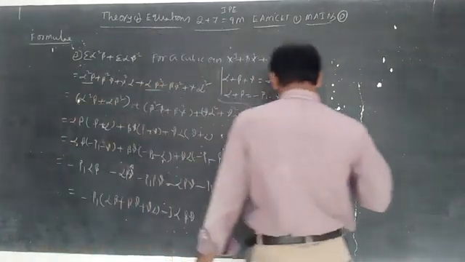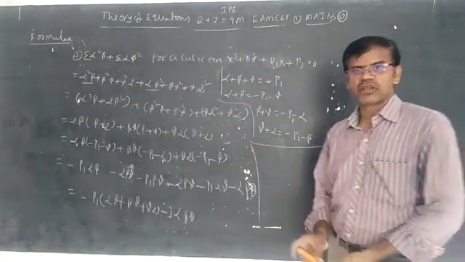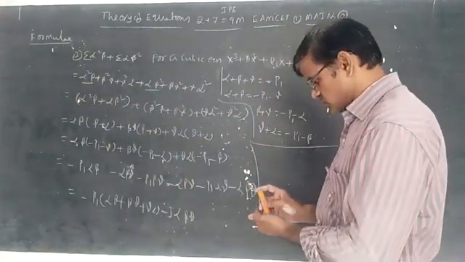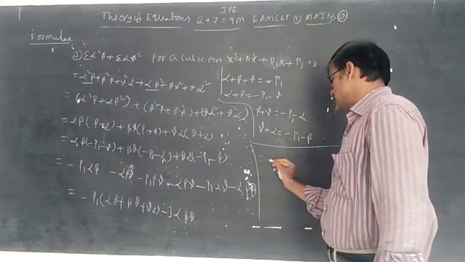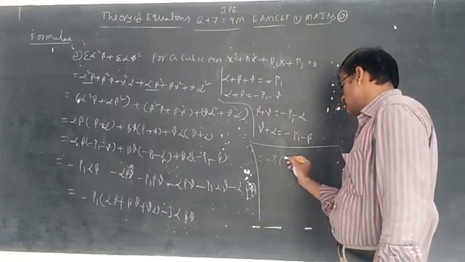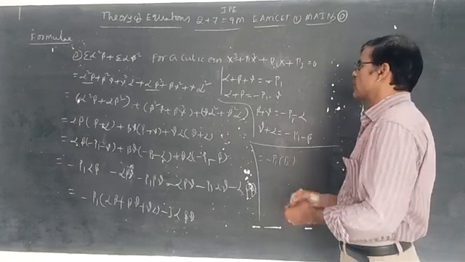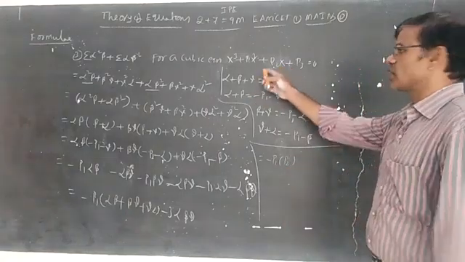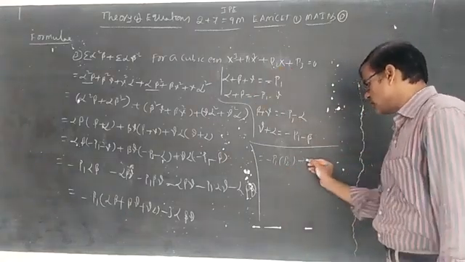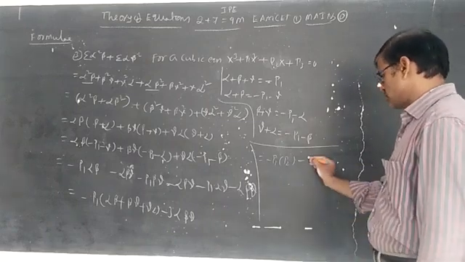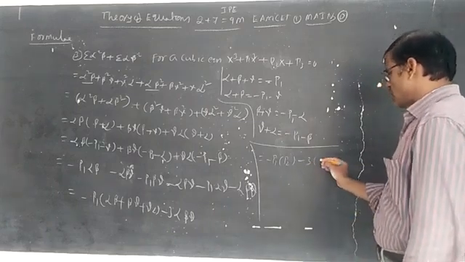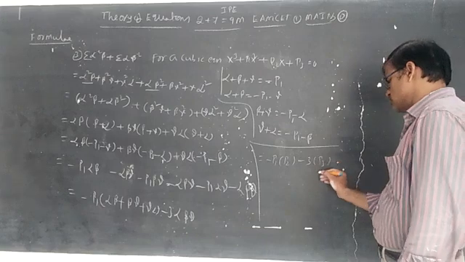This one we can notate. These are the formulae of notations. So that is equal to minus p1 into alpha beta plus beta gamma plus gamma alpha, which is equal to p2. Next plus minus 3 into alpha beta gamma is equal to p3.